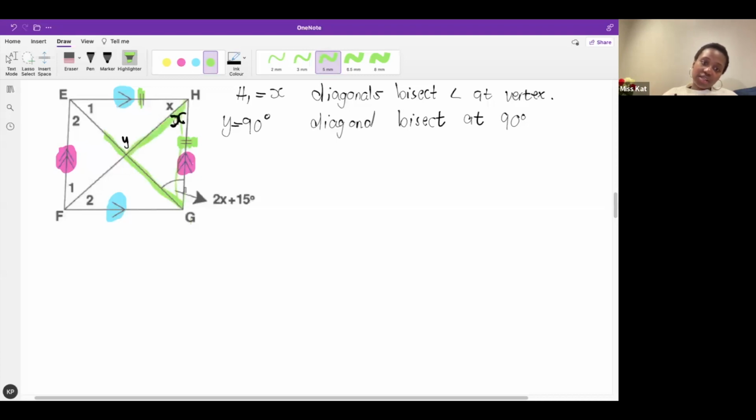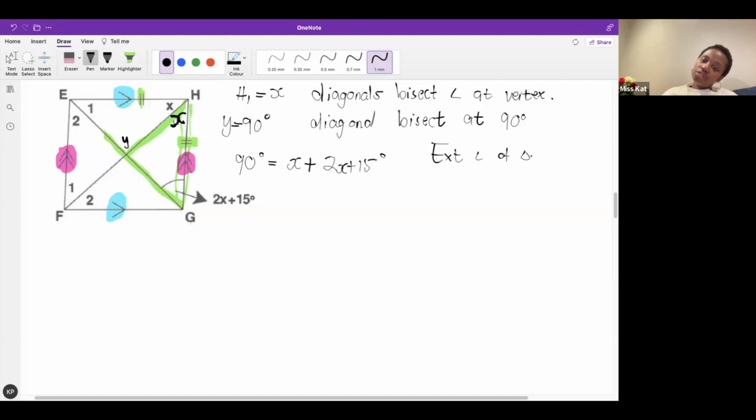Can you see it? Yeah, that is true. 90 degrees equals X plus 2X plus 15. You see that? Yes, ma'am, I see it. Exterior angle of a triangle. Now let's solve for X, Nipo.